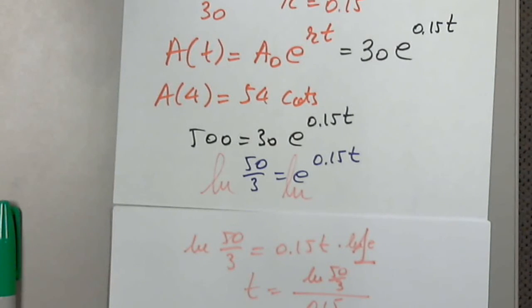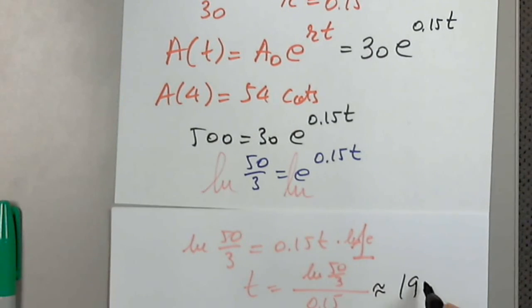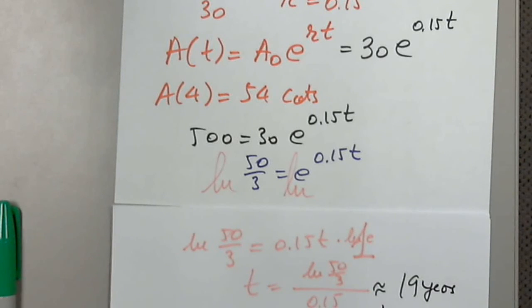Again, I need to use the calculator. So natural log of 50 divided by 3, close the parenthesis, and divide by 0.15. It takes roughly 19 years. So I will have to add 1999 to this, and it's roughly 2018.